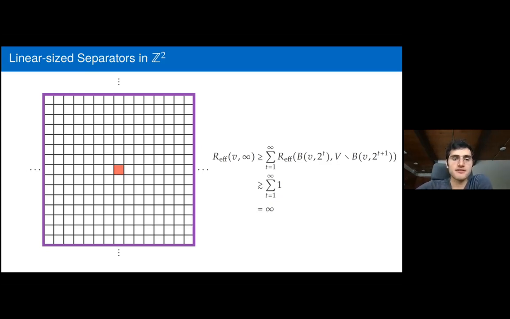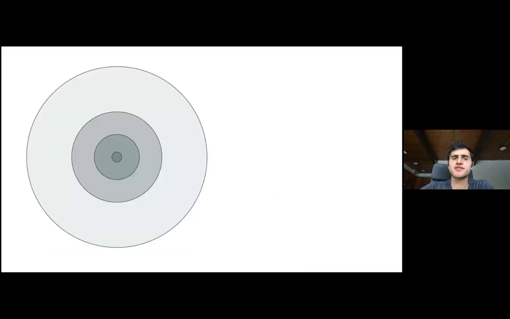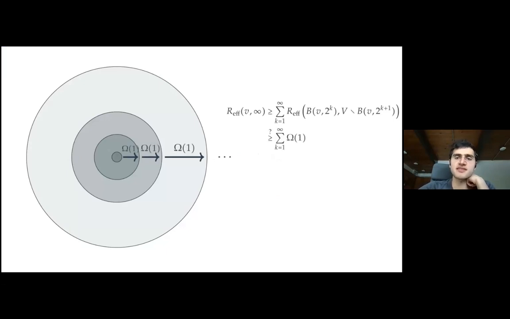So in the case of the two-dimensional grid, this approach lets you prove recurrence. And one might hope that a similar technique might work for all such graphs. If you were able to show that the effective resistance across these annuli in these graphs is constant, then you would obtain the recurrence of these graphs by what I said earlier.